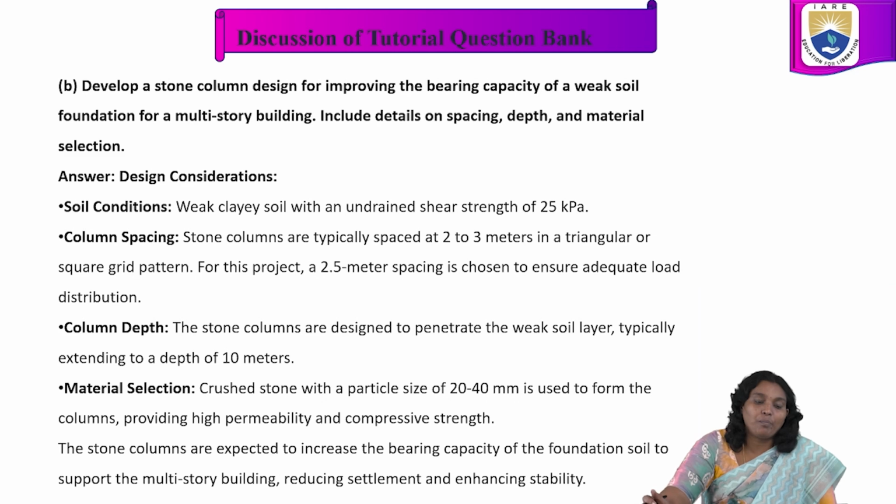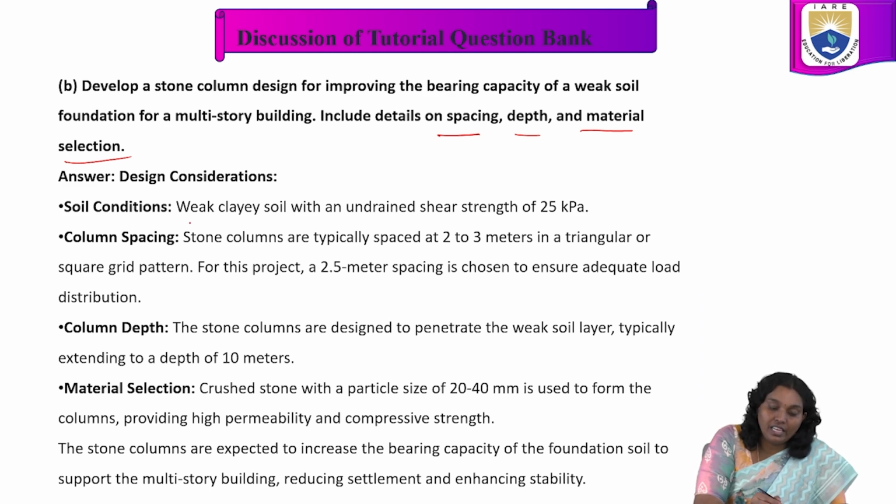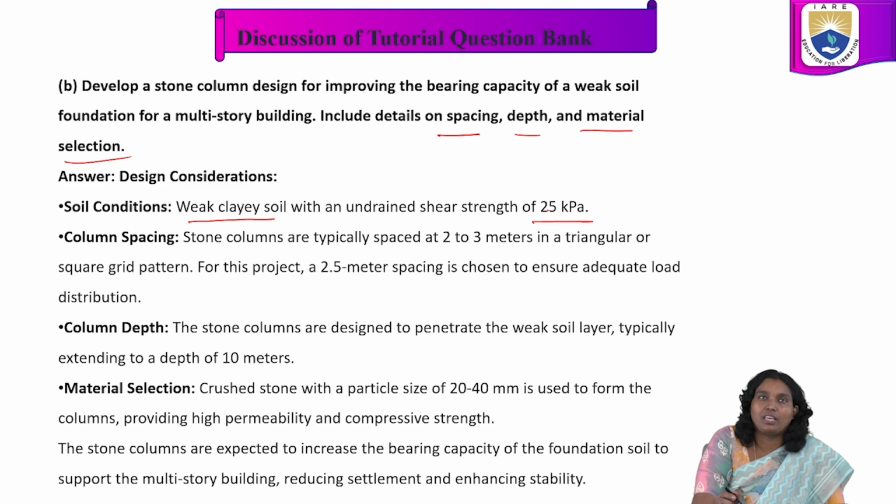Develop a stone column design for improving the bearing capacity of weak soil foundation for a multi-story building. Include details on spacing, depth and material selection. Design considerations: weak clayey soil with an undrained shear strength of 25 kPa. Column spacing: stone columns are typically spaced 2 to 3 meters in a triangular or square pattern.